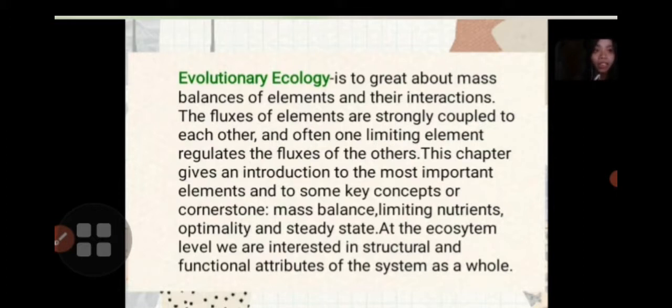So the study of how ecological factors cause changes in an organism throughout its history is what we call evolutionary ecology. So both ecology and evolution examine how interactions between and within species evolve.